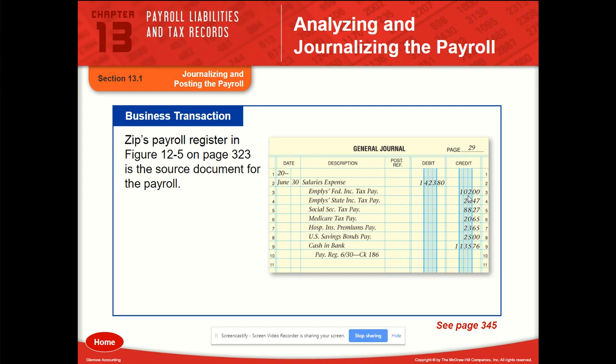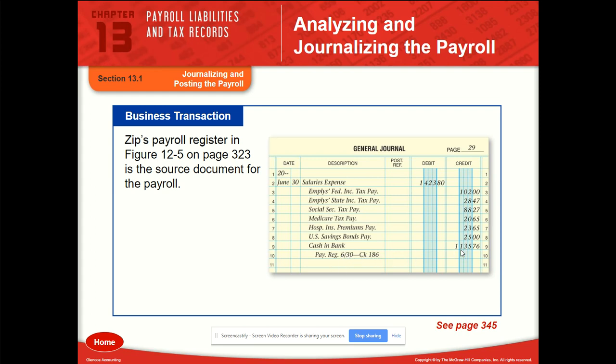So I should see the 102 for the federal income tax, the state tax is 28.47, the Social Security tax is $88.27, the Medicare tax is 20.65, the hospital insurance payable is 23.65, the savings bond payable is $25, and then the cash and bank that's distributed out to the employees is $1,135.76.